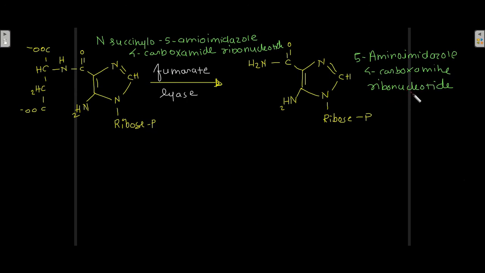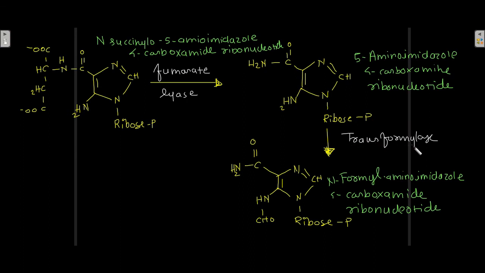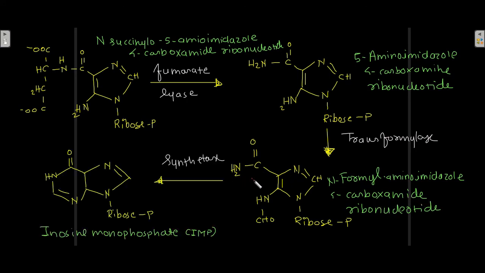After this, the transformylase enzyme acts on this compound, and N-formylamino imidazole 4-carboxamide ribonucleotide is formed, and then the synthase enzyme acts on this compound, which leads to the formation of inosine monophosphate, IMP, in the end.